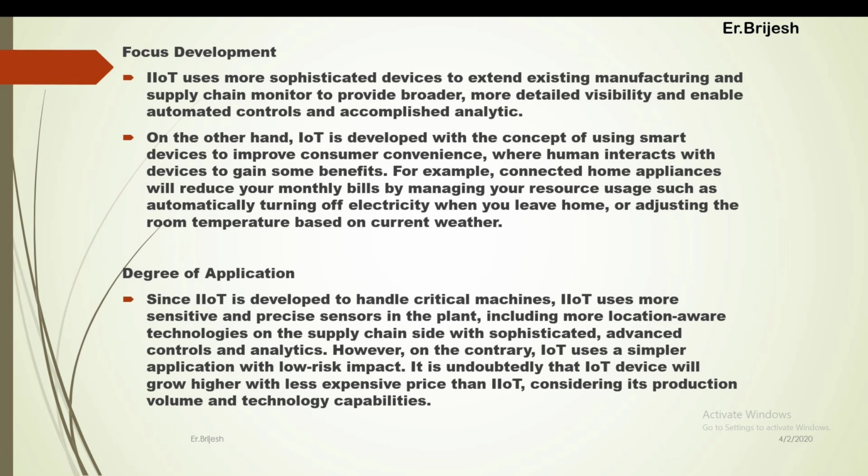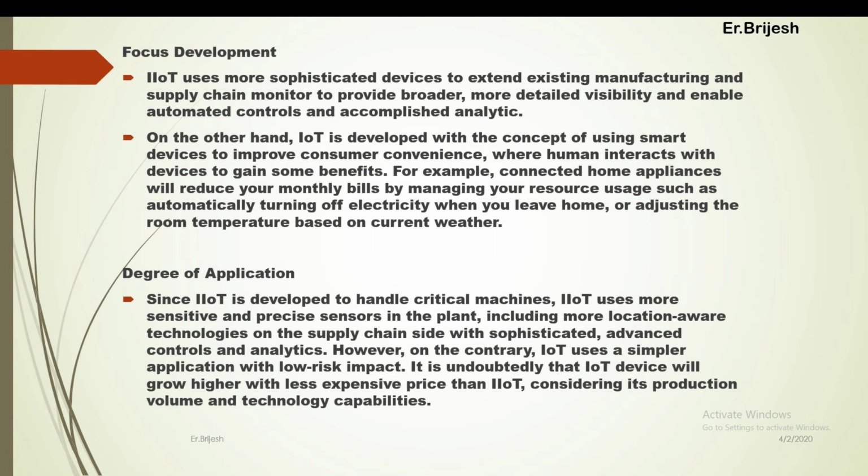So in IIoT there is focused development. In IoT there is not focused development. And now, what do we mean by focused development? IIoT uses more sophisticated devices to extend existing manufacturing and supply chain monitoring to provide broader, more detailed visibility and enable automatic controls and analytics.